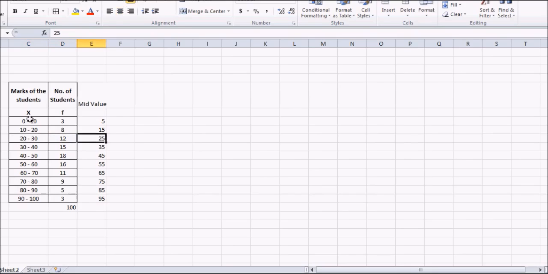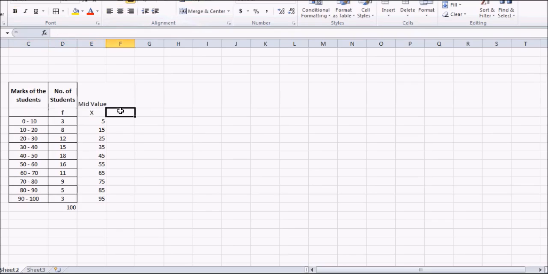So we take the mid value as the representative of each class, and that is the way we proceed when we have class intervals. And now it's simple. We'll go back to the formula which we had. This mid value will be treated as x, and we will not take this as the x.